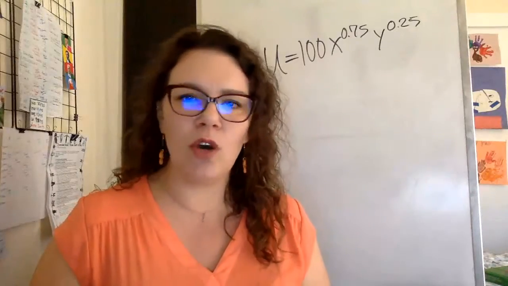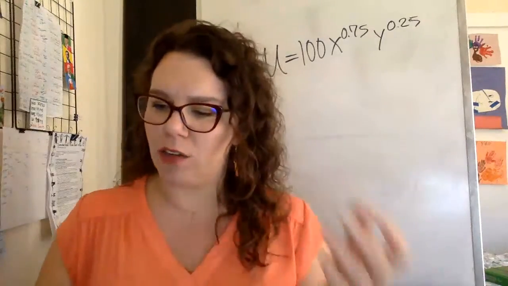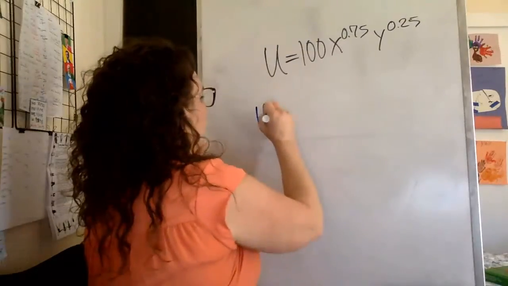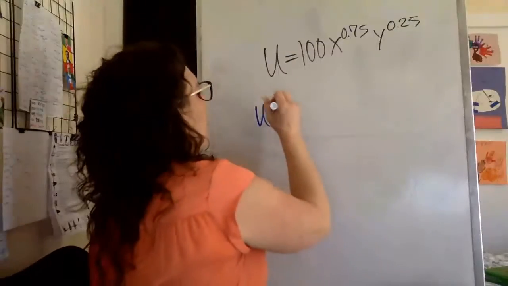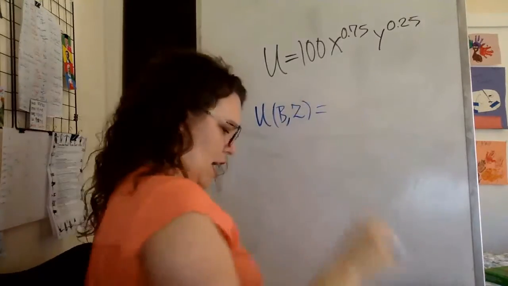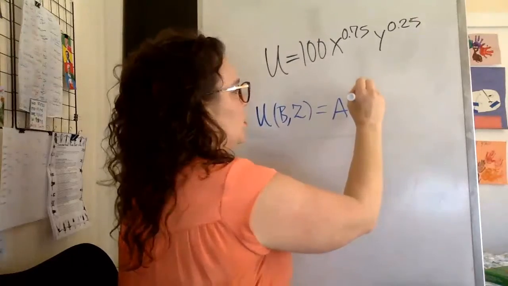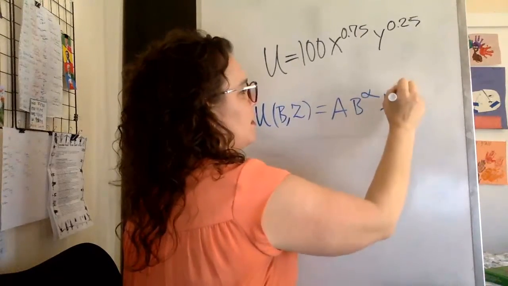So if you go in and ask for help with this problem, it's going to direct you to a solved problem that says, if you have some utility function, like the utility associated with burritos and pizza, you can solve it with some constant times burritos to the alpha and pizza to the beta.